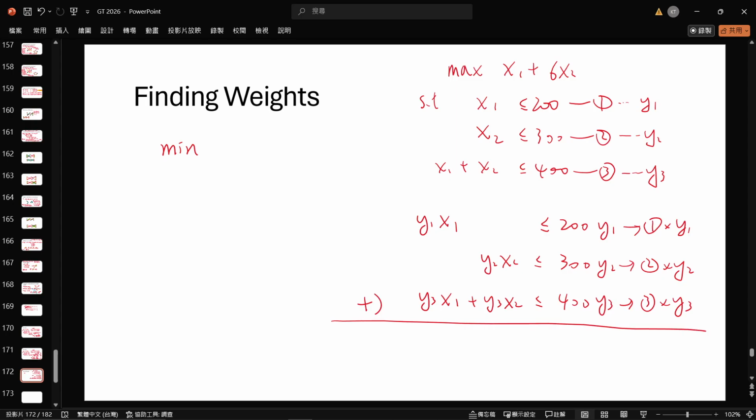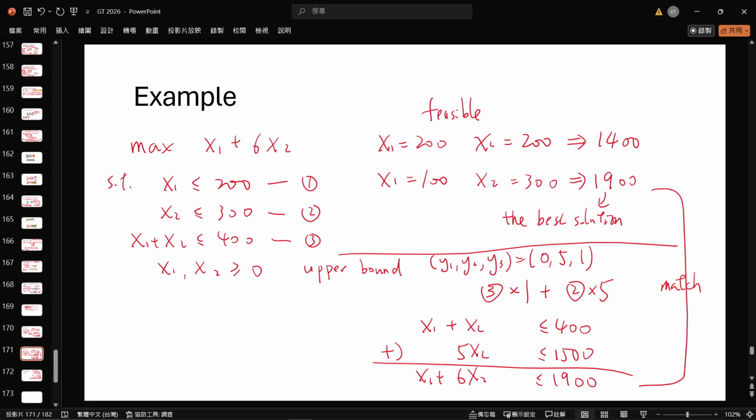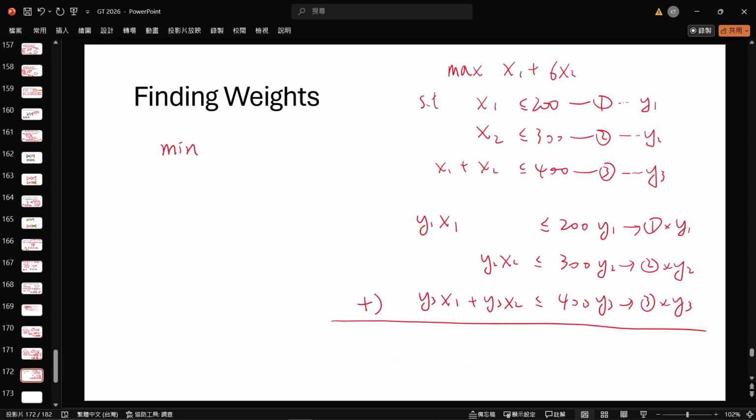And then we have to find the weighted combination. So what we did here is actually like a general version of the previous examples. In this example, we set y1, y2, y3 to this exact setting, and we get this exact weighted combination. Now the procedure is the same. I just replace these specific numbers with these variables y1, y2, and y3. The logic is the same.